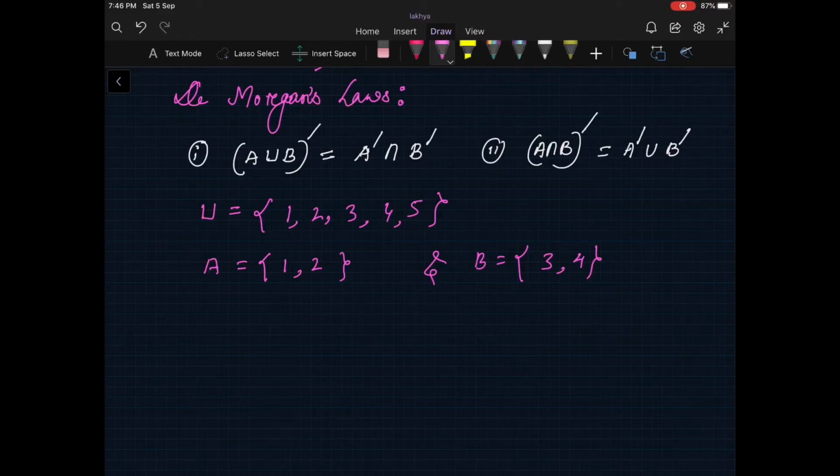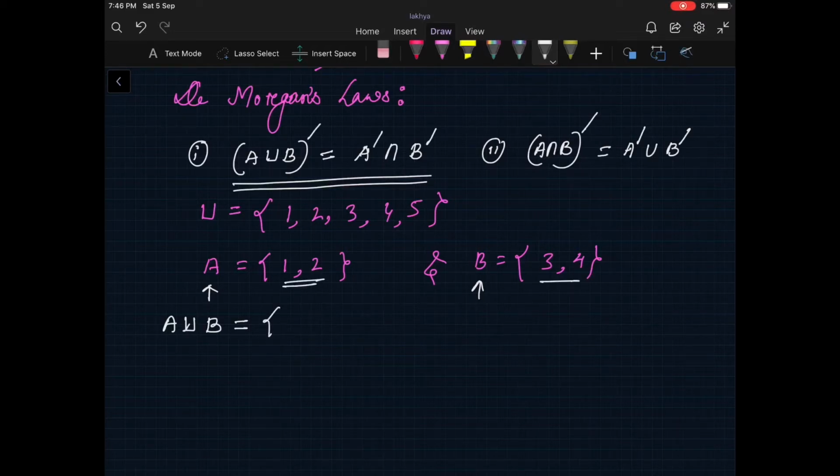First let me show you the first property. Let us find first A union B, that is a set containing all the elements in sets A and B. That's equal to 1, 2, 3 and 4.